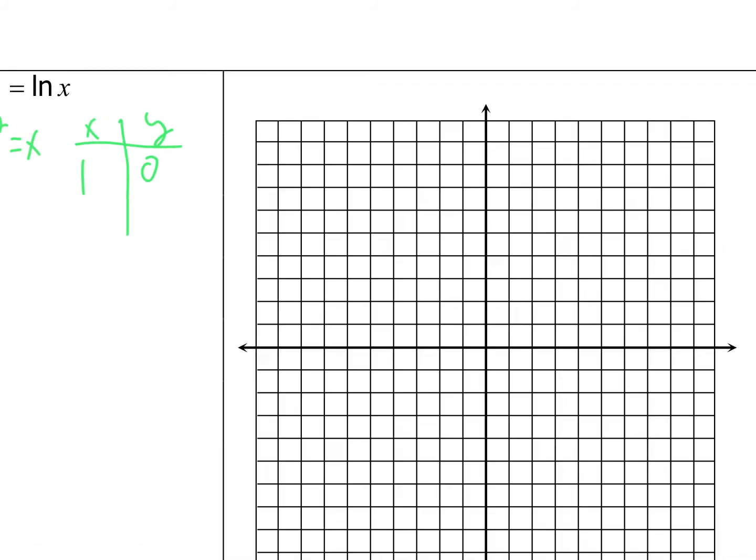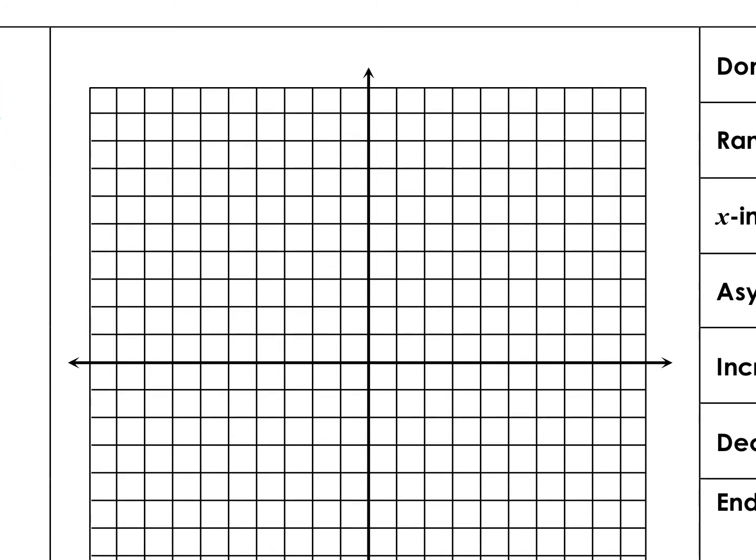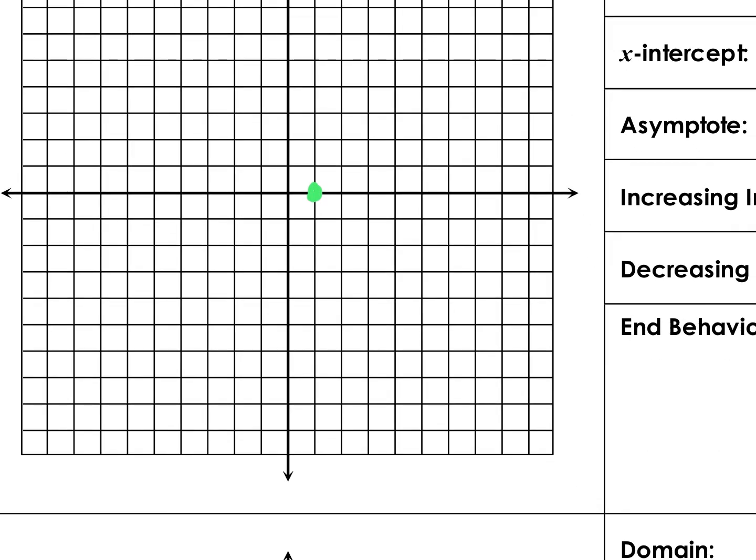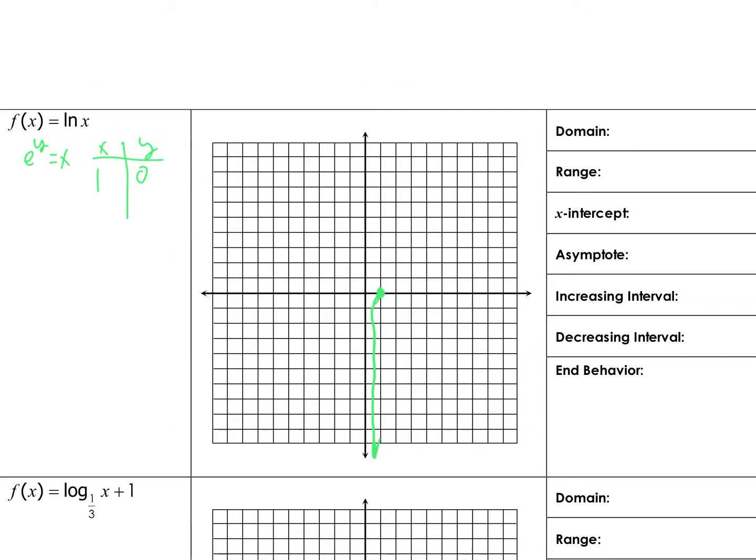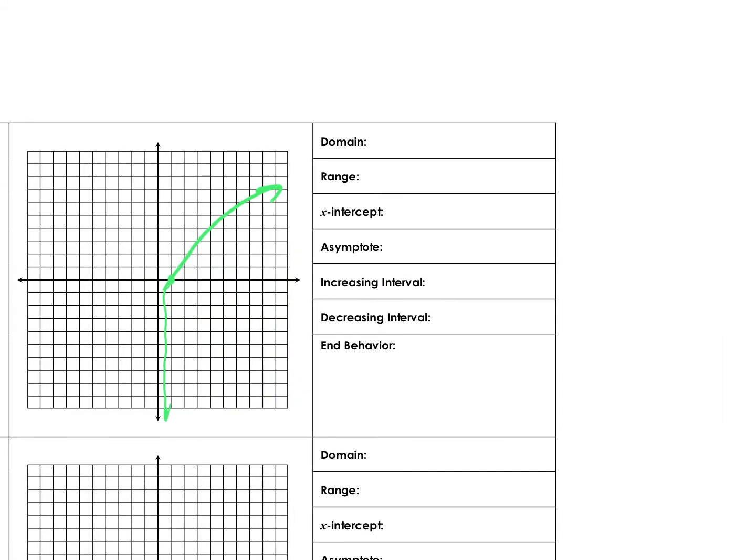And e is a number greater than 1, so it's going to be the same picture that I did a minute ago, just with different values in the table. I'm okay with you doing this and saying there's your natural log graph. I don't need perfection. Just need you to understand the concept.